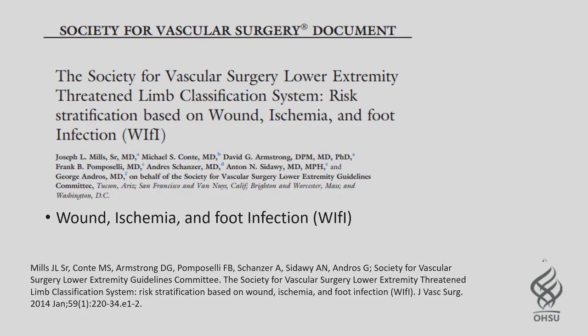I mentioned this just at the end here, a classification for CLTI where we're taking into account the stage of the wound, the stage of the ischemia, and the presence or absence of foot infection can be useful in predicting amputation. And this is a WIfI stage.